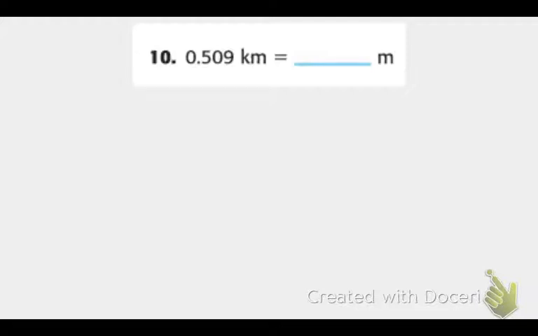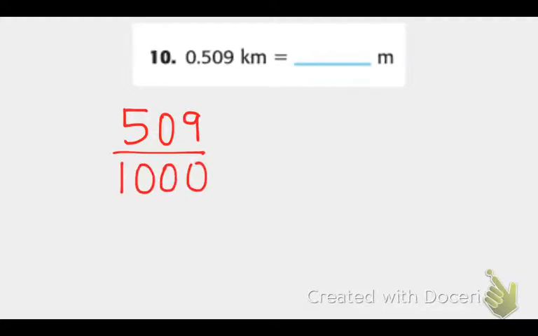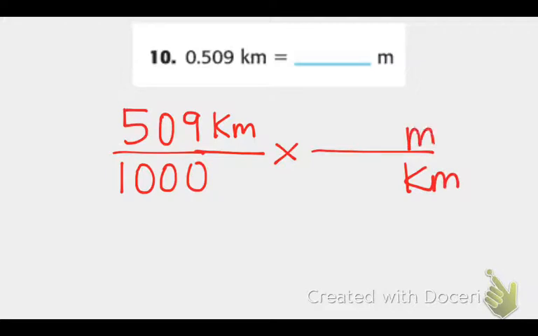So we have 509 thousandths. Oh, that's kilometers. Notice I'm not setting it over 1 because it's a decimal. And we are going to put that over kilometers, over meters.